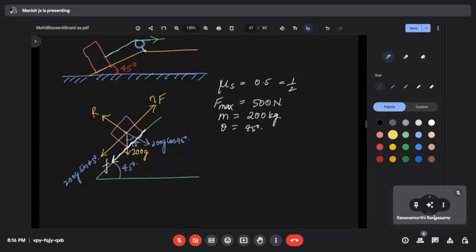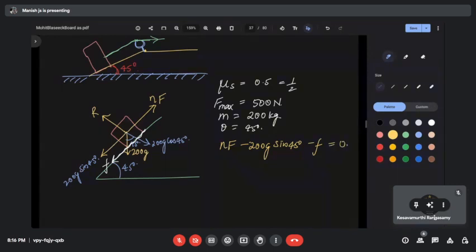So start writing the expressions. We can say nF is acting upwards, minus 200g sin 45, minus f, is equal to 0 if it is in equilibrium.